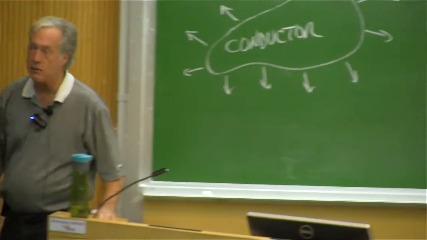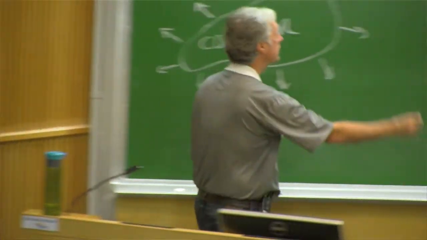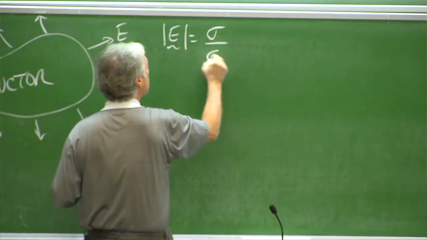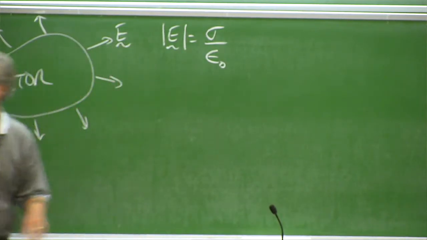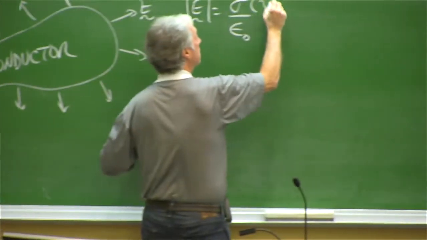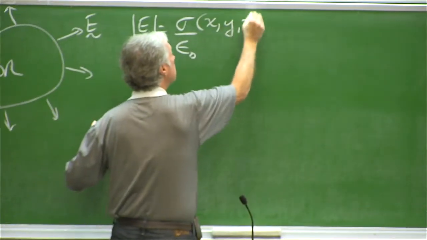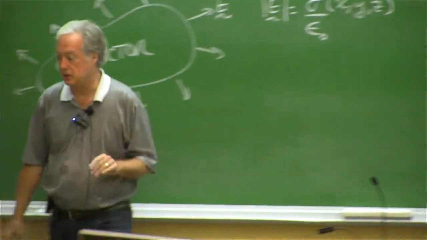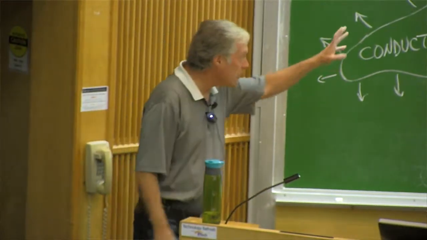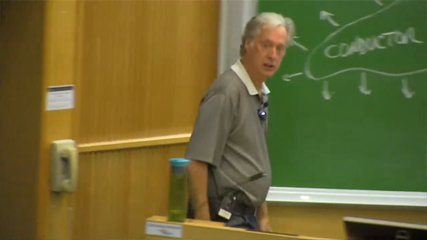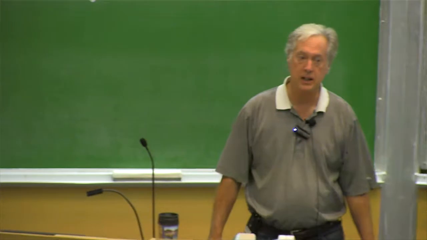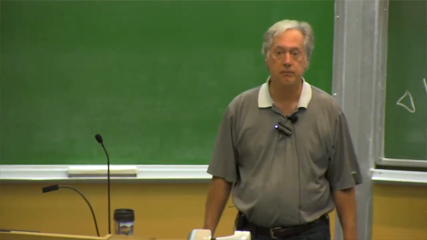We know that the electric field had a magnitude of sigma over epsilon naught. But sigma can be a function of position, so it doesn't have to be constant on that surface. But we know the electric field is pointing out, perpendicular to the metallic surface everywhere.